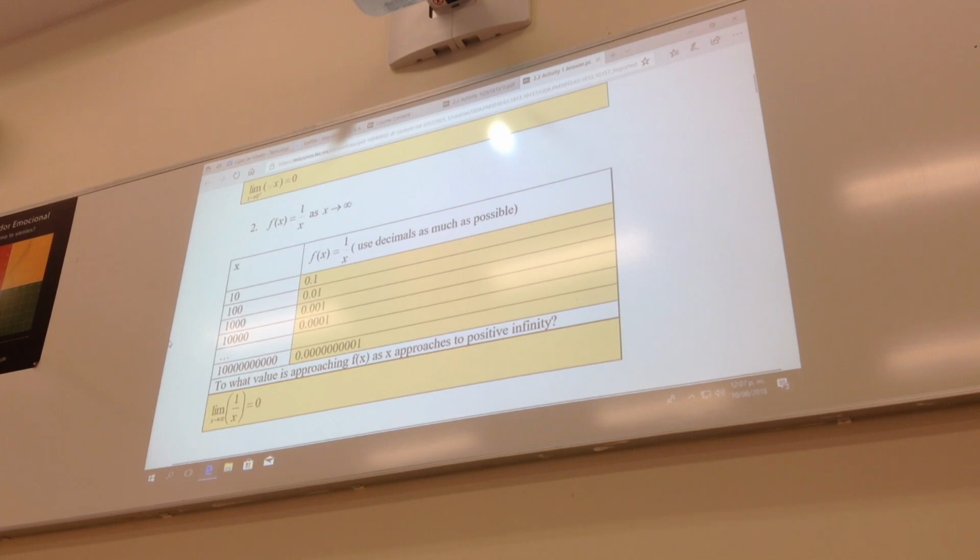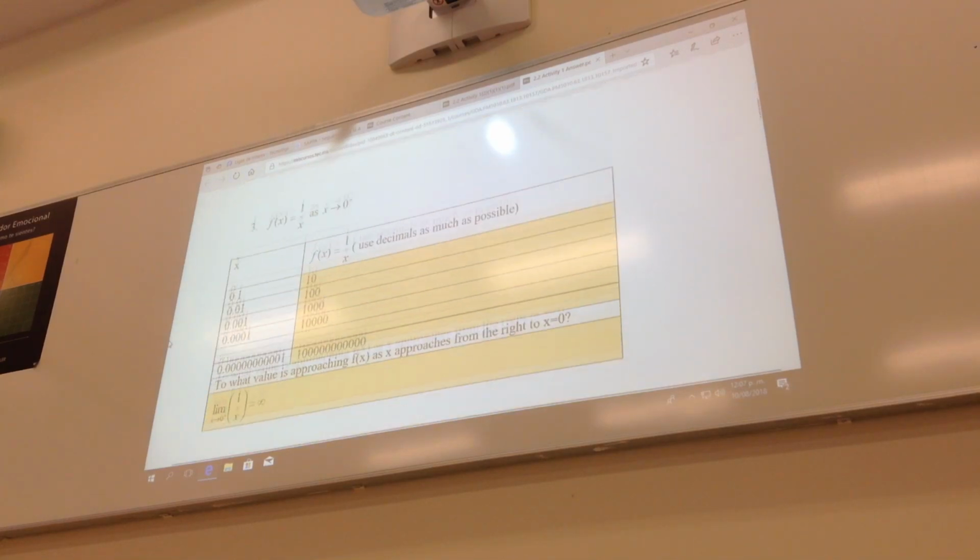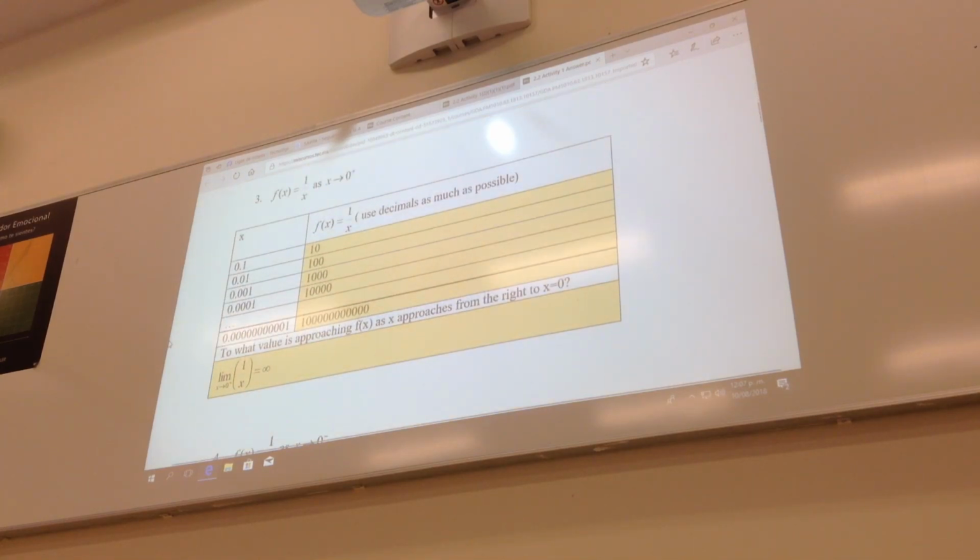When it's 10 it is 0.1, when it's 100 it is 0.01, etc. So the limit approaches 0 also. The third one, 1 over x as x approaches 0 from the right. 0.1 is 10, 0.01 is 100, 0.001 is 1000, etc. So at the end the limit approaches infinity.